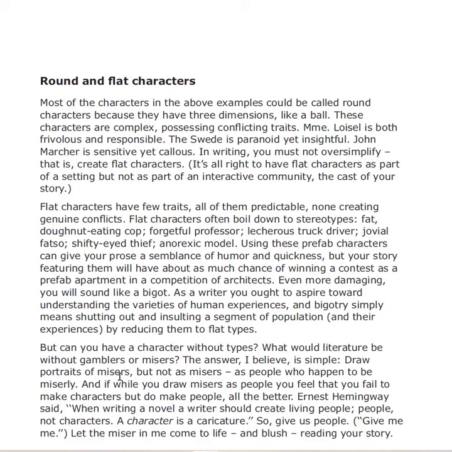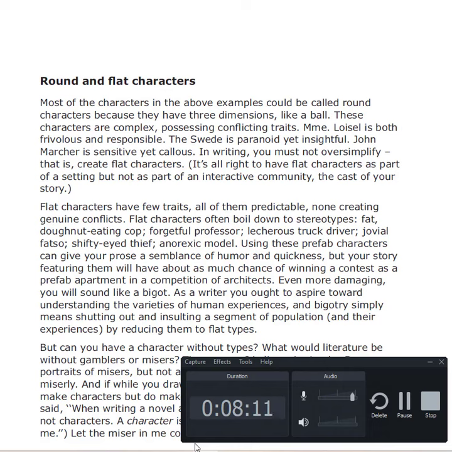And in this class, we're going to do a lot of character sketches where we look at a story and analyze the round character versus the flat character and how that serves and drives the plot. So, in both analyzing stories and in writing stories, you need round and flat characters to create the conflict in a good story. If you have any questions about how to create characters and how important characters are to a story, you can always email me.